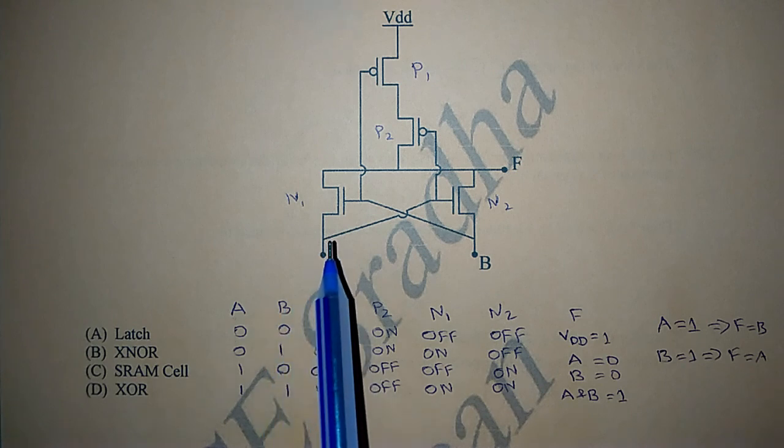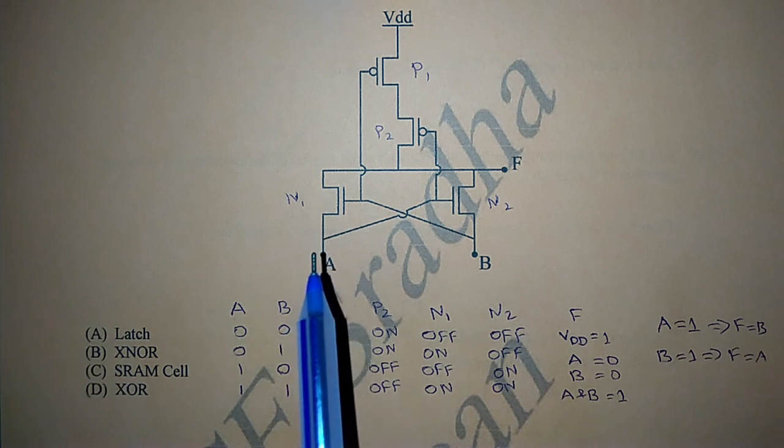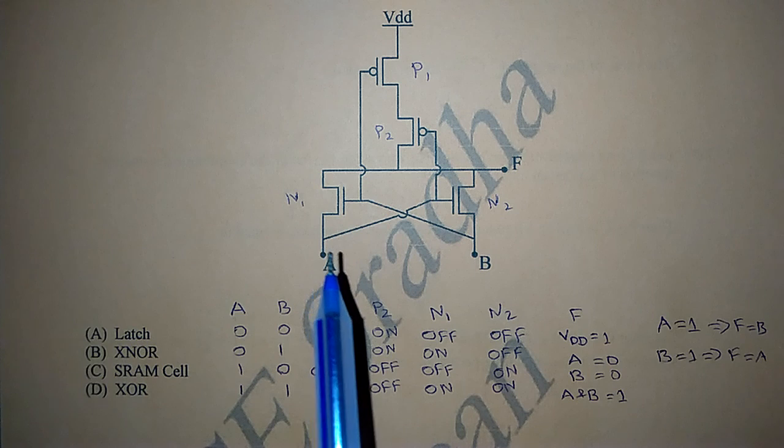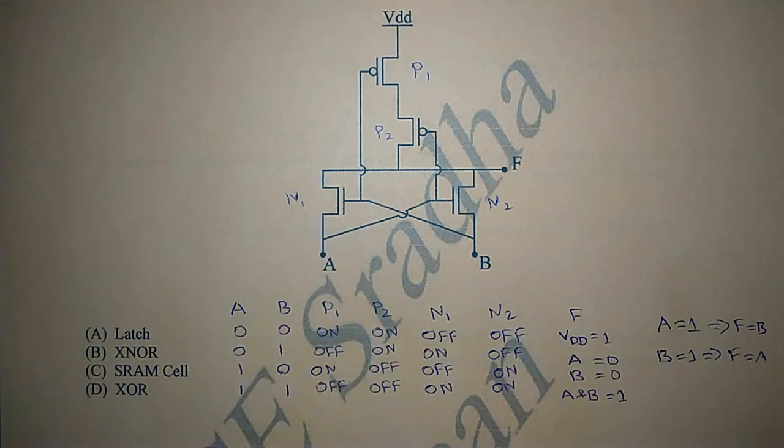And in case of NMOS, when input is logic 1, then only it will be on and acts like a short circuit, otherwise off, acts like open circuit. So according to these inputs, I have taken the output conditions of these 4 transistors.